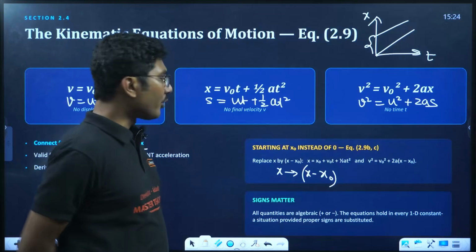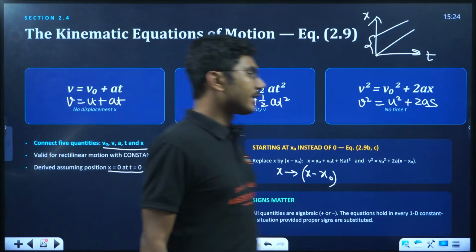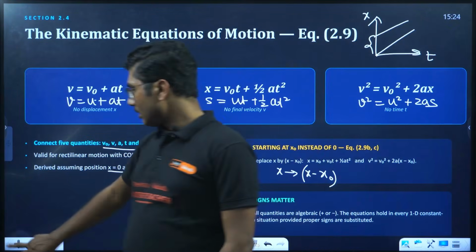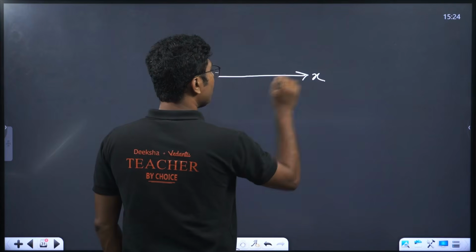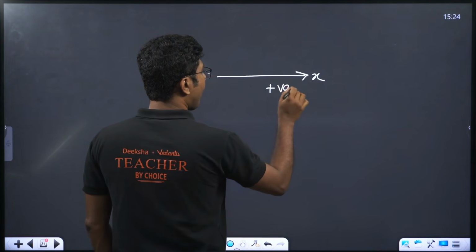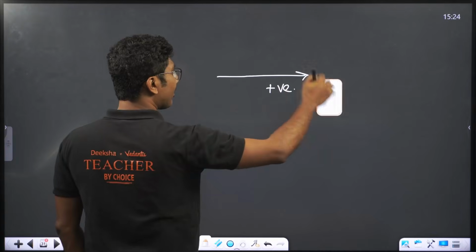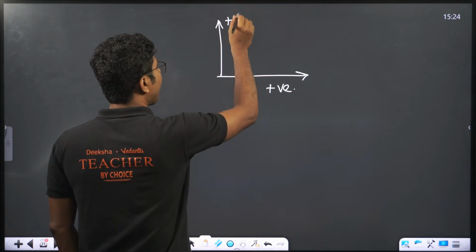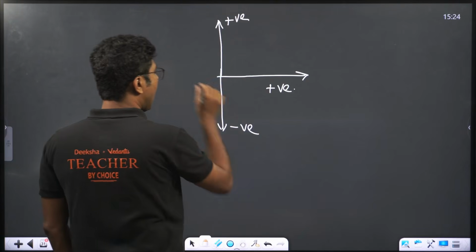All quantities are positive or negative; signs do matter. For example, generally for all motions we consider the positive x-axis to be positive. For the time axis, generally time is denoted along this, so this is the positive direction, this is negative, and this is negative.